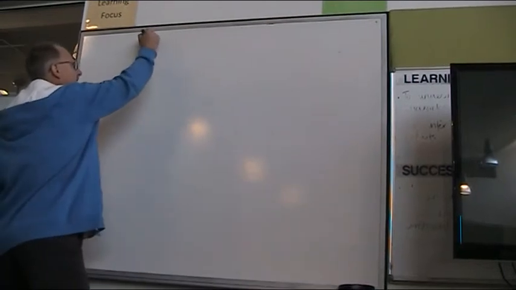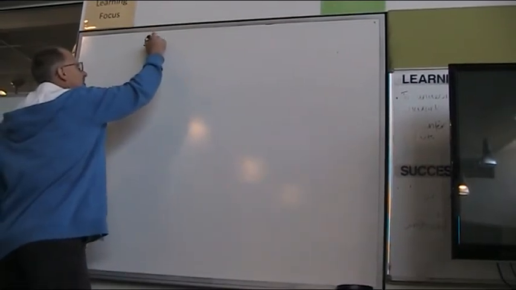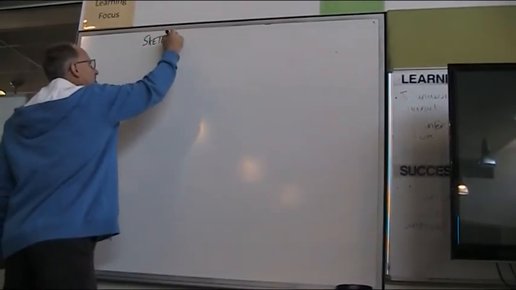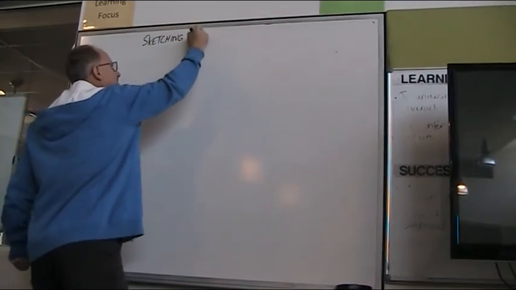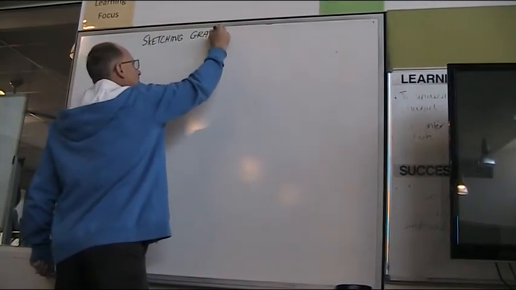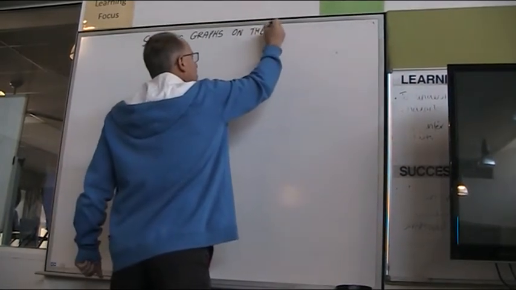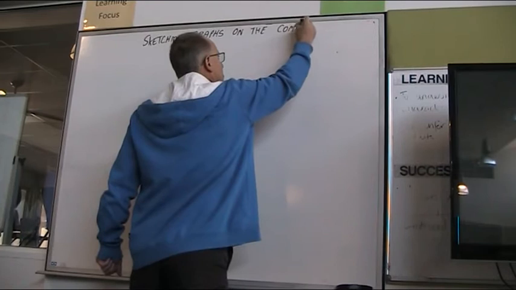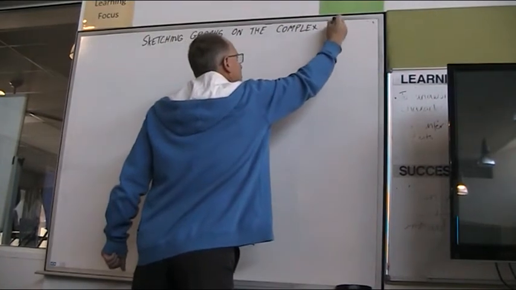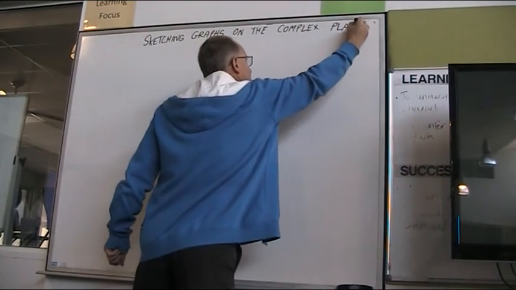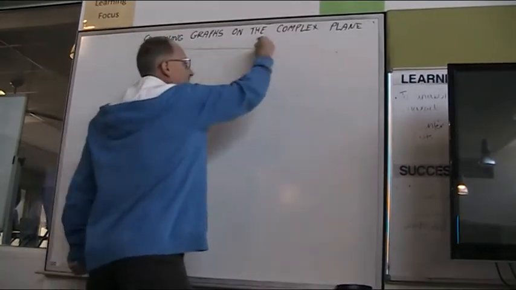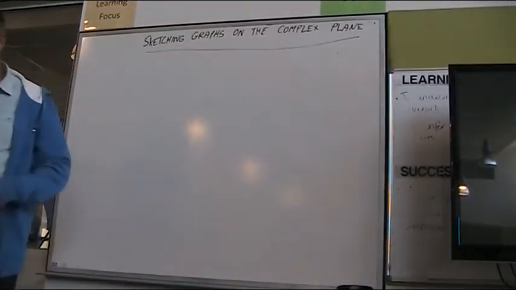Alright, graphs on the complex plane, so on the Argand diagram. What we're looking at, this is the last bit of our complex numbers.